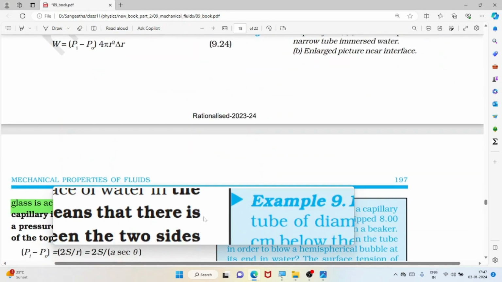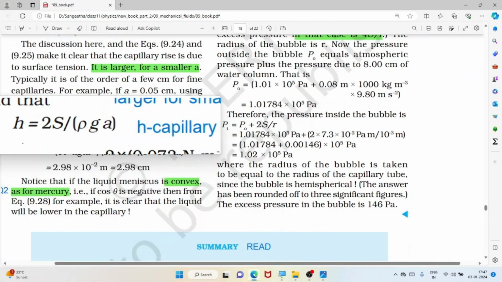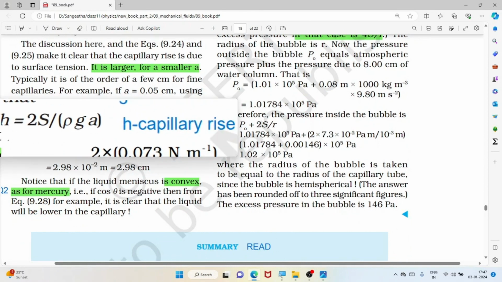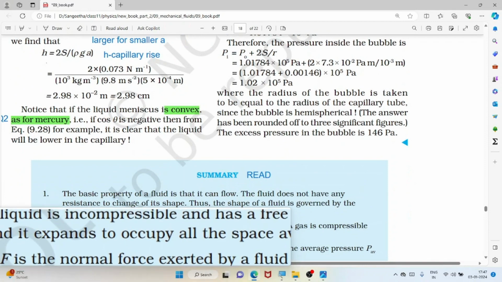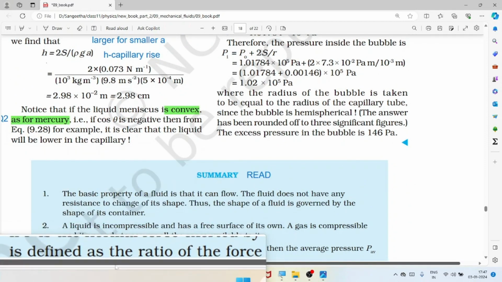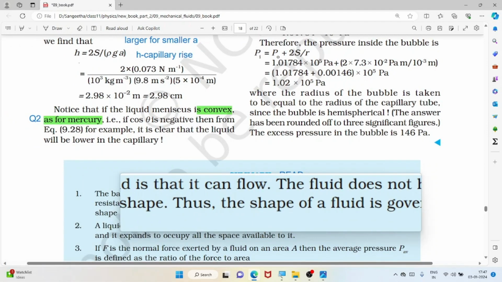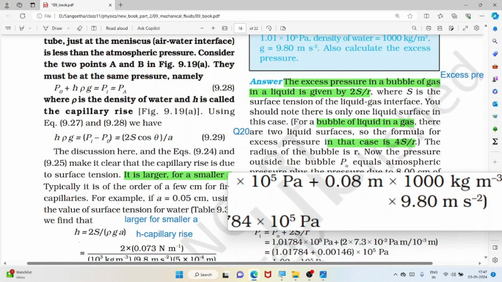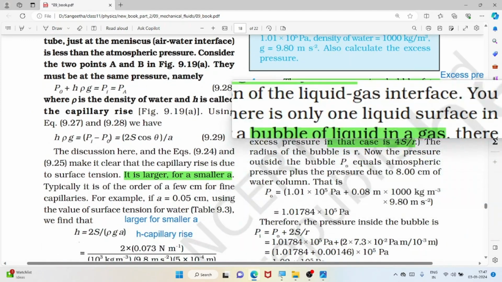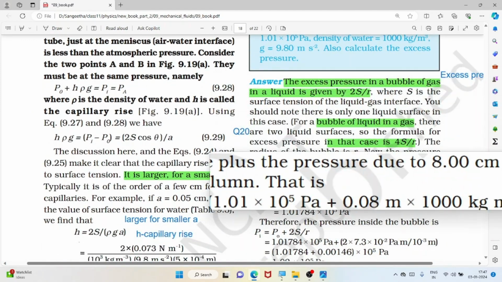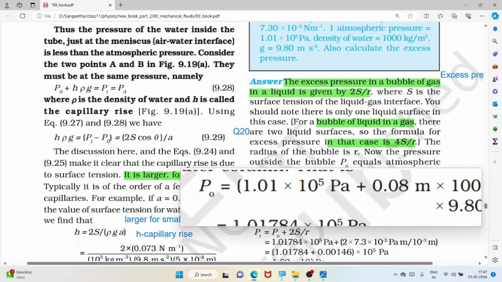It will rise to a higher level. Capillary rise will be more because H is inversely proportional to A. Mercury has a convex shape at the center. So this is again 2S by R, and 4S by R. The bubble and air bubble I have shown above.